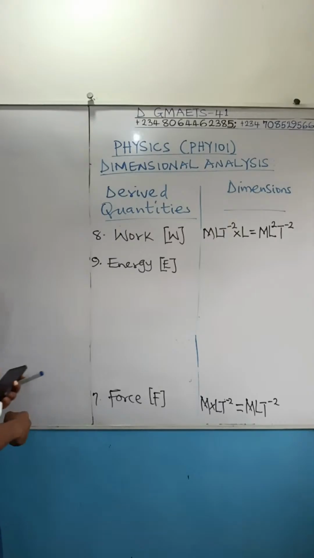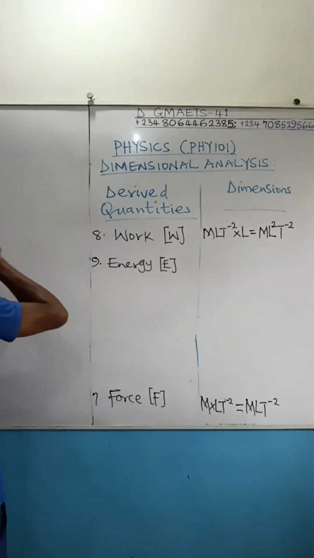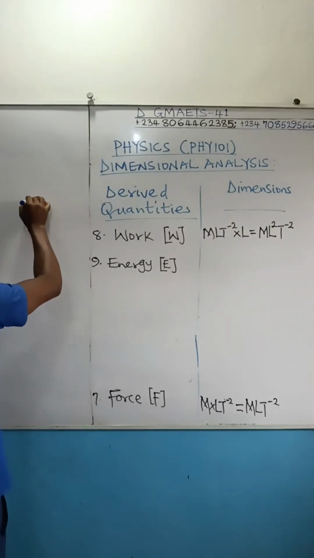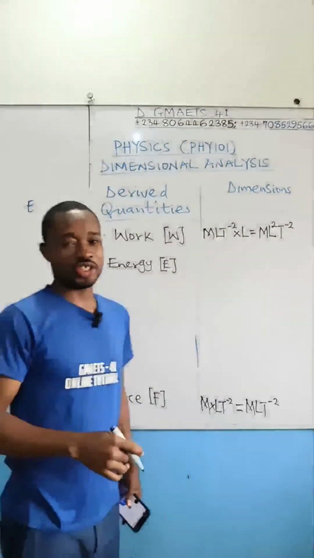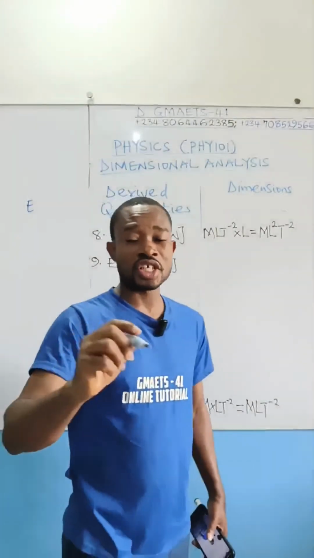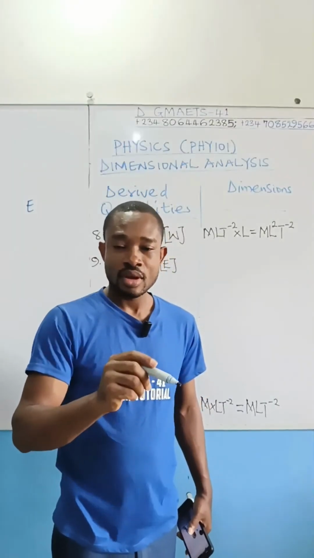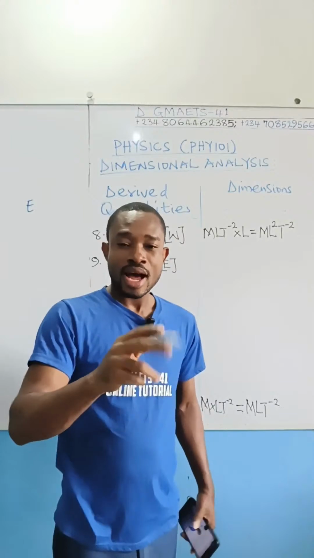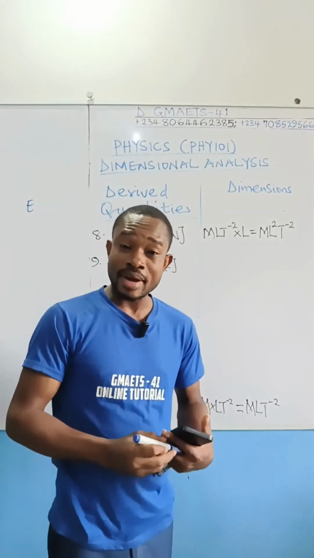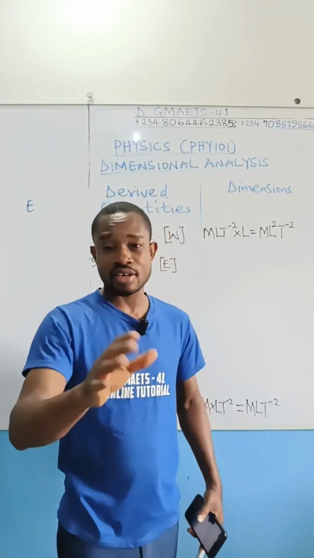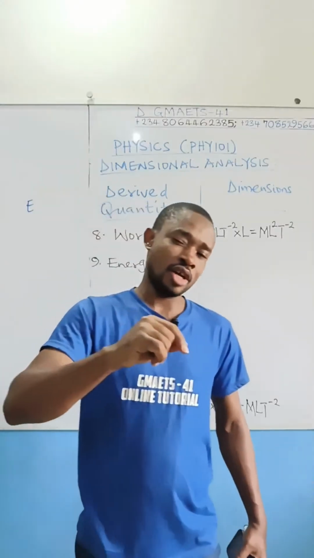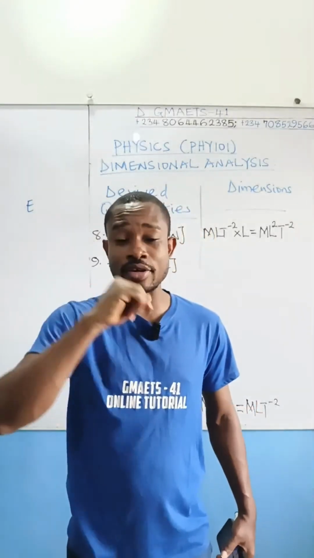Now for energy, I can use mgh, but I'd like you to try that one for potential energy. Mass times acceleration due to gravity times height. Mass is capital M. Acceleration due to gravity has the same dimension as acceleration, that is L T raised to the power minus 2.